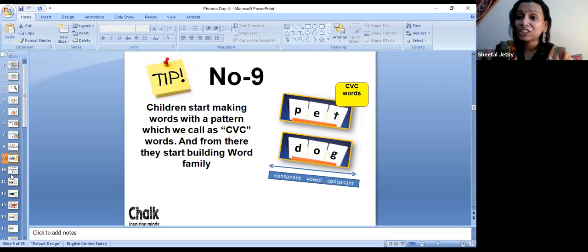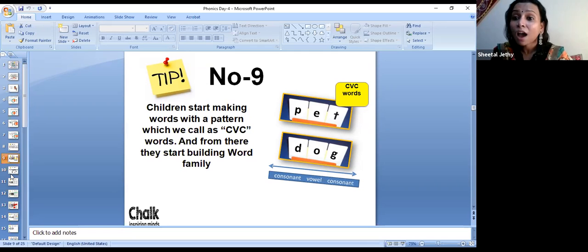So we have the EG family, the AT family, and the UG family. Under every family, we start making the child learn words. These add on to the child's word bank once the child understands a word family.